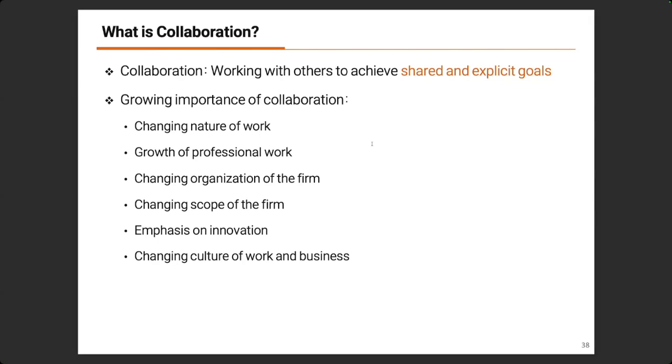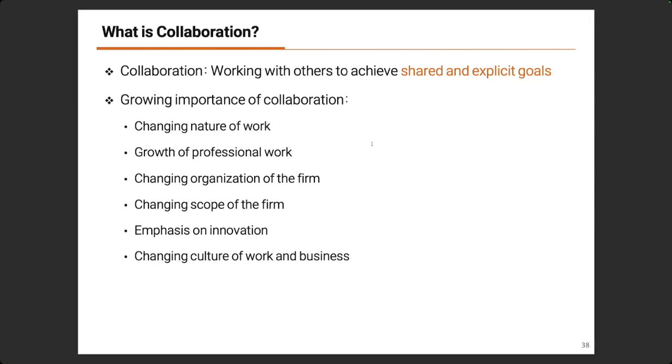And we can think of the growth of professional work. Interaction jobs tend to be professional jobs that require high education and sharing information and opinions to get work done.